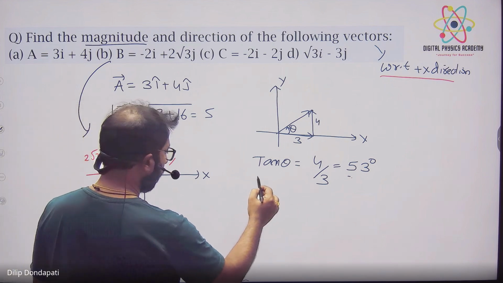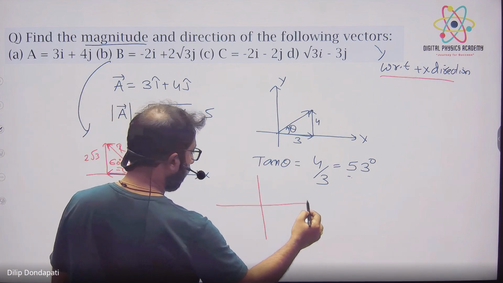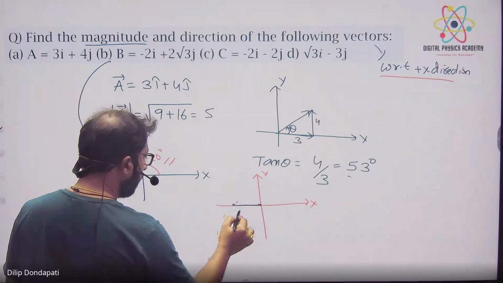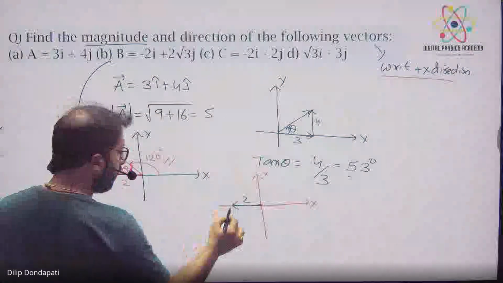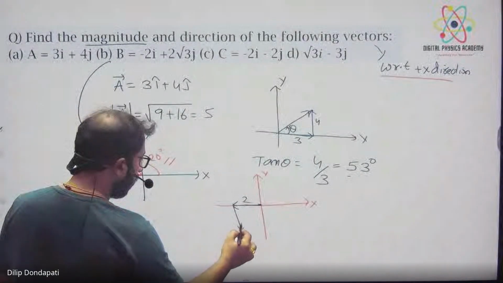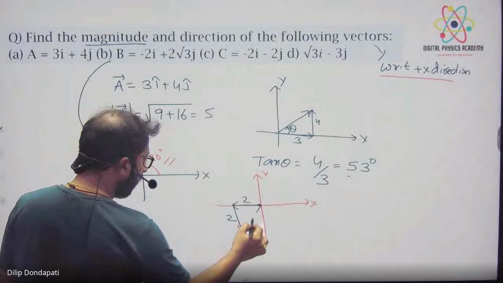No. Diagram. So is it 180? Two. And -2 j cap means it went like this, right? 2. And the resultant is this one. This vector I want.